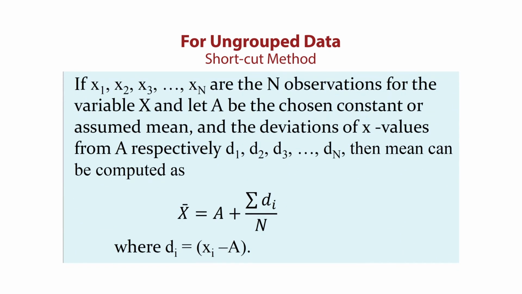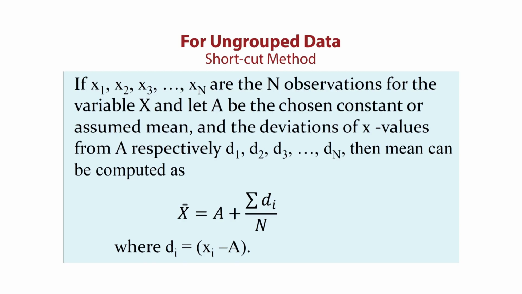Next, for ungrouped data, the shortcut method can also be used. The shortcut method is used when the magnitude of the observations in the data is very large. This method reduces the magnitude of the values of the observations, and then the arithmetic manipulation becomes easy.